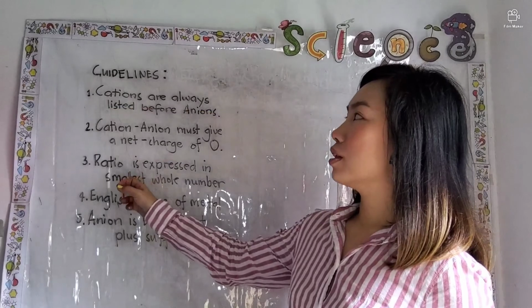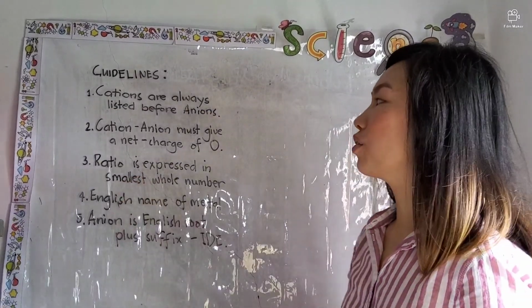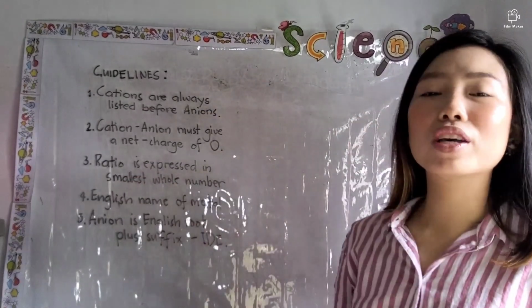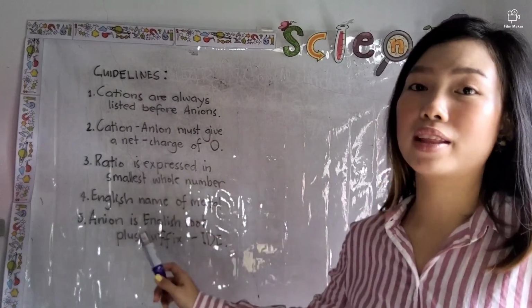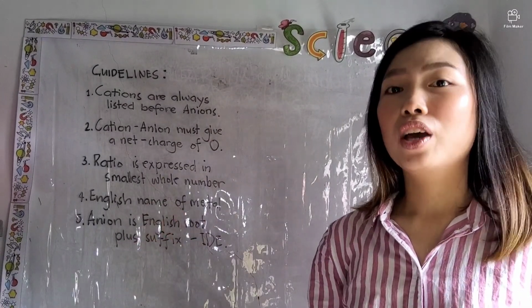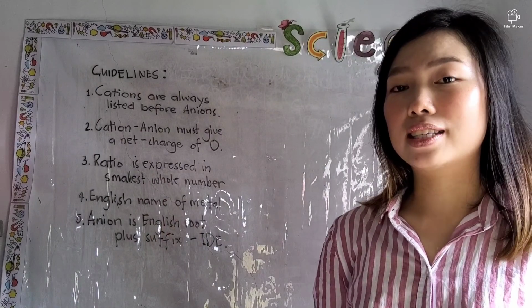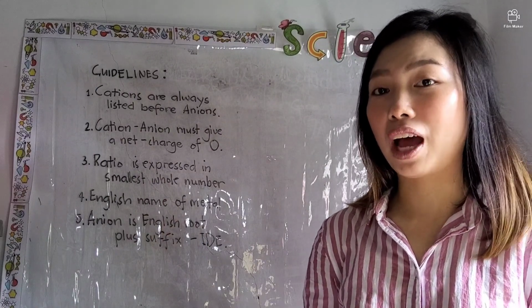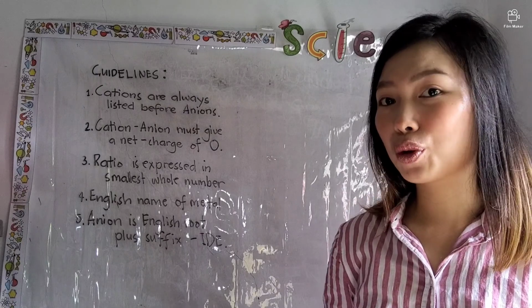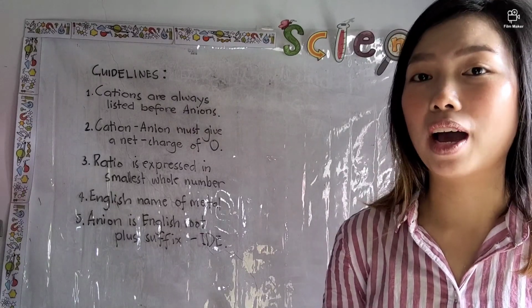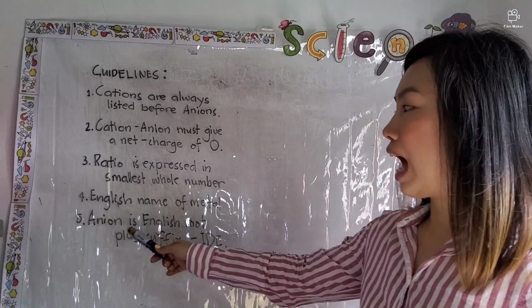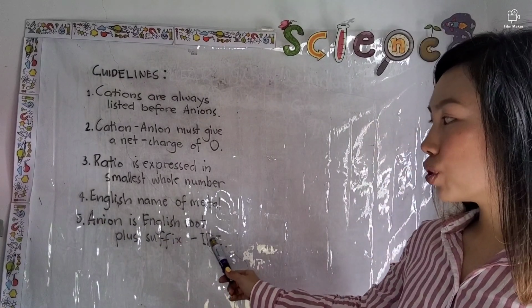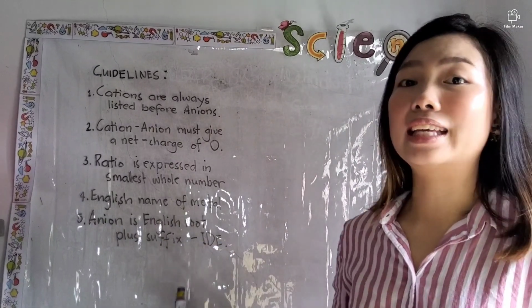Next, on the guideline number 3, ratio is expressed in the smallest whole number. Number 4 guideline, the English name of the metal is always used. Yung English name natin ng isang metal, for example, sodium, kailangan yung pangalan ng sodium ang ating gagamitin sa kanya. And then number 5, an anion is English root plus the suffix IDE.